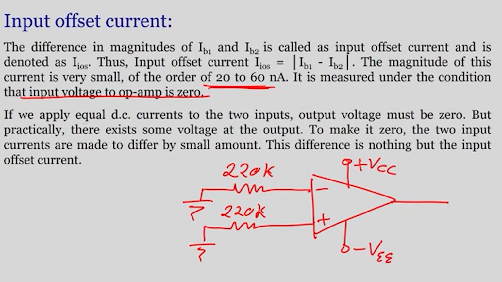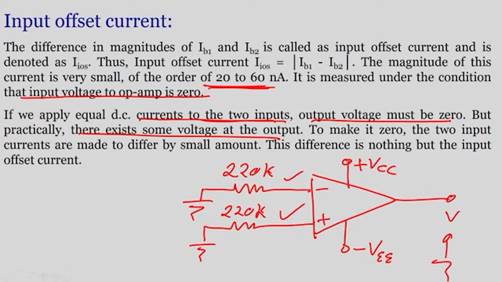If we apply equal DC currents to the two inputs, the output voltage must be 0, this is obvious, right. But practically there exists some voltage at the output. That means if I ground both the terminals, I will still see some output voltage even when we apply similar current to the inverting and non-inverting terminals. We can measure the output voltage here.